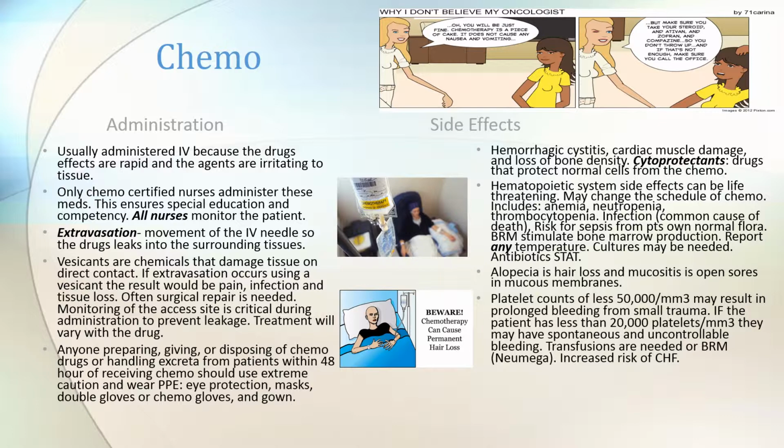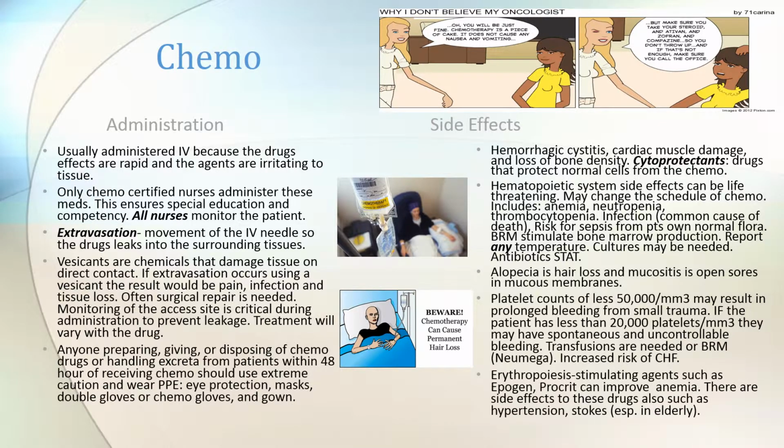Transfusions are needed, or BRM, such as Neumega. There will be an increased risk of CHF. You may also provide erythropoiesis-stimulating agents such as Epogen and Procrit, which can improve anemia. There are side effects to these drugs also, such as hypertension and strokes, especially in the elderly.